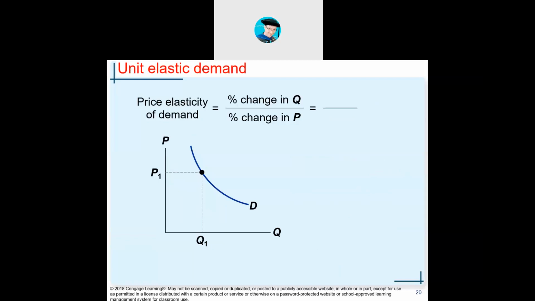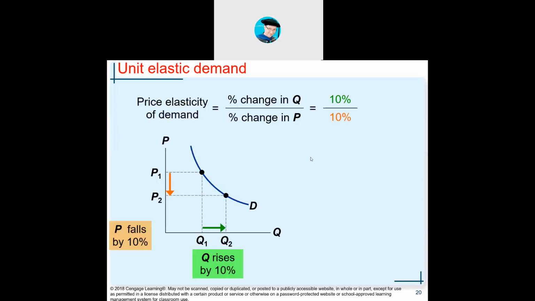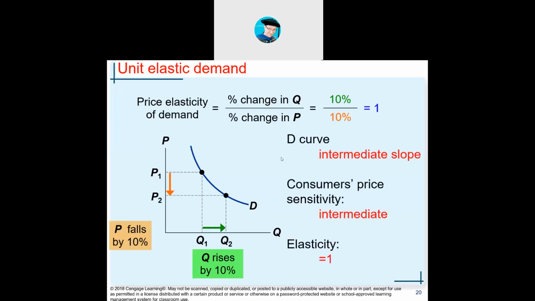Now, unit elastic is where it equals 1. If the change equals 1, we call it unit elastic. And the only way it equals 1 is if the percent change in quantity divided by the percent change in price equals 1. In that case, it's unit elastic.